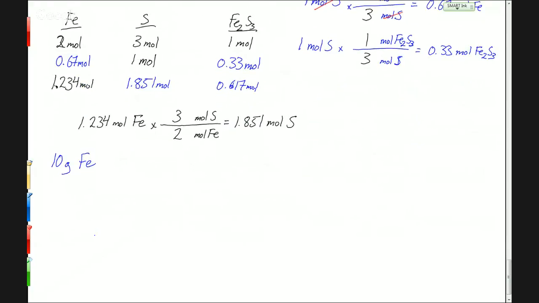So let's say we had 10 grams of iron. How would we figure out how much of this and how much of this? Yeah, now we can finally use these red numbers on the periodic table. We would use something called the molar mass, which is the mass of 1 mole.